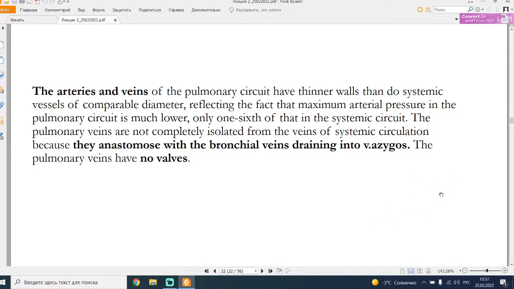The pulmonary veins are not completely isolated from the veins of systemic circulation because they anastomose with the bronchial veins draining into the vena azygos. The pulmonary veins have no valves.